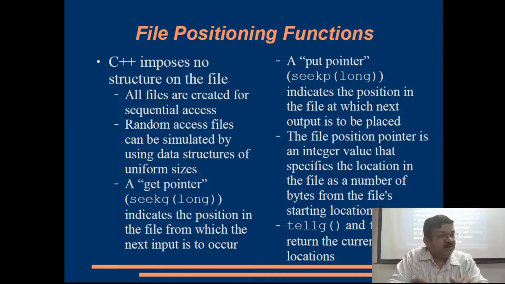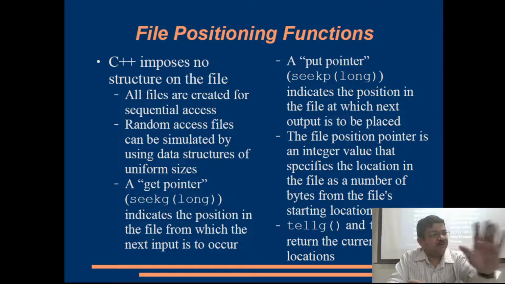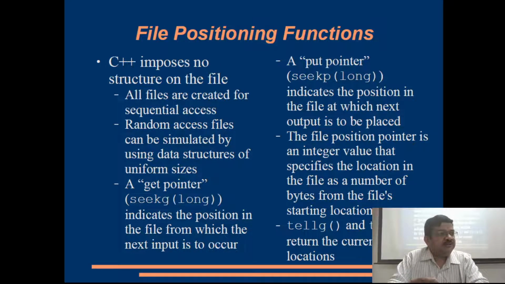This facility has been there in Fortran since the time it was developed in the 60s. For a huge file, I can specify which point I want to go to and simply go there. C++ does not do that. A file accessed from C++ needs to be read one after the other, in a sequential manner. That is the only way you can have.